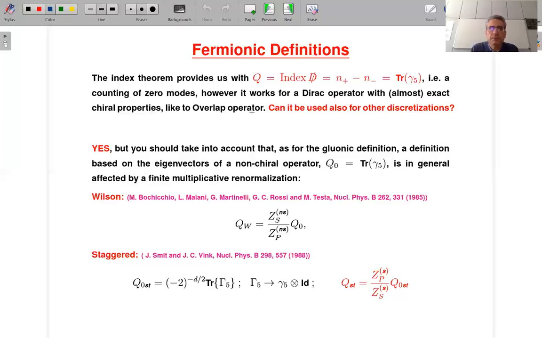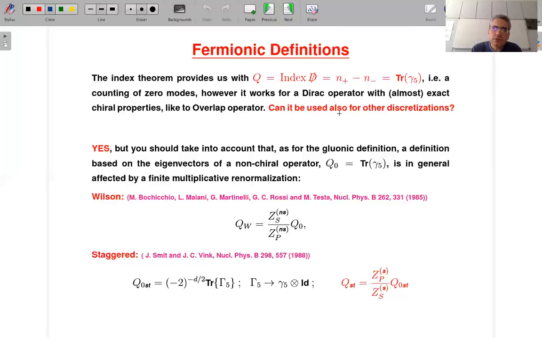Now, of course, the problem is that the overlap operator is very expensive. I mean, defining the overlap operator on the lattice is very expensive. I do not have time to review the definition of the overlap operator, but it is a discretization of the Dirac operator which satisfies the Ginsparg-Wilson relation.